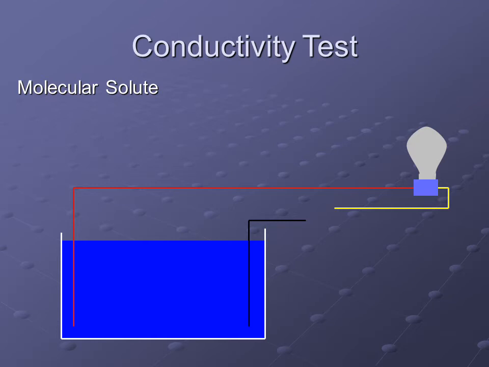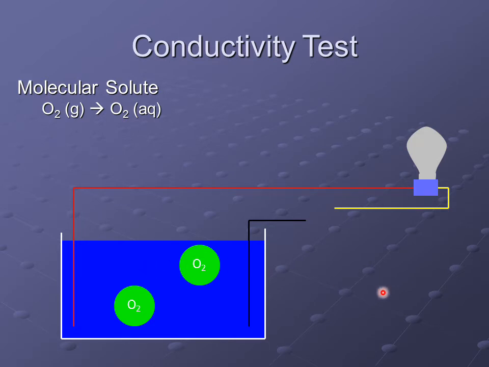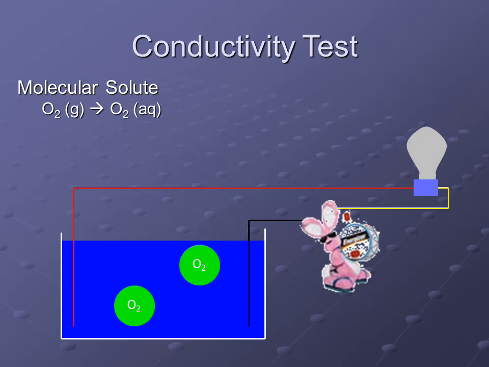Okay, let's look at molecular solutes. For example, oxygen. Oxygen gas can be dissolved in water in limited quantities. So if we have oxygen gas molecules here, they have no charge. And since they have no charge, they will not be attracted to either electrode once the power gets turned on. So we turn on the power, and nothing.